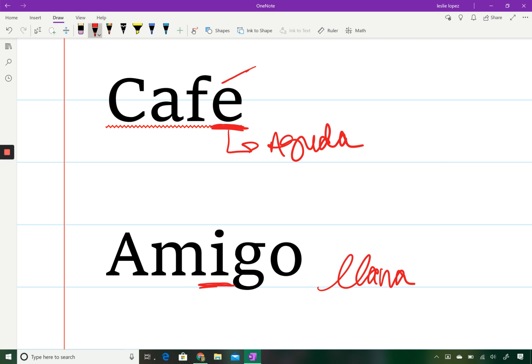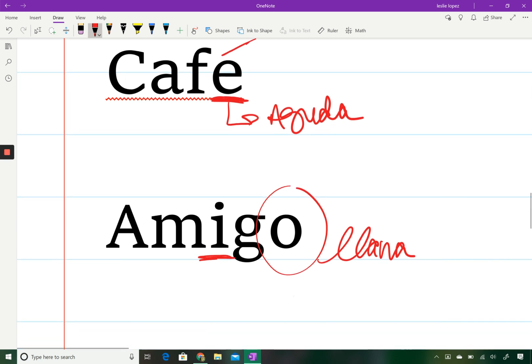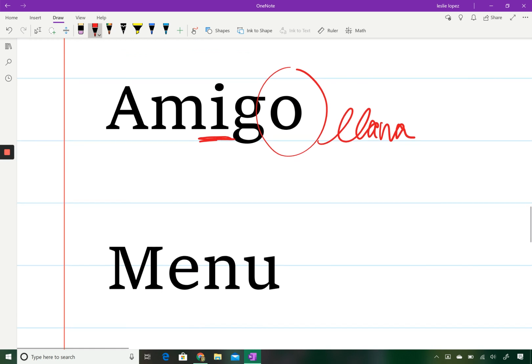But since it ends in a vowel, it does not have an accent mark. And the next is menú.